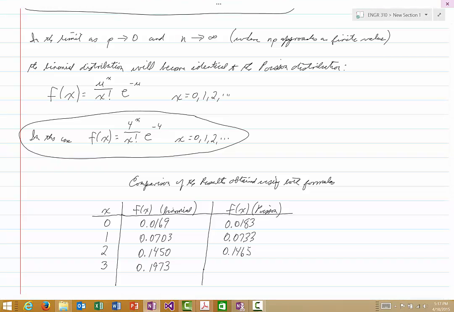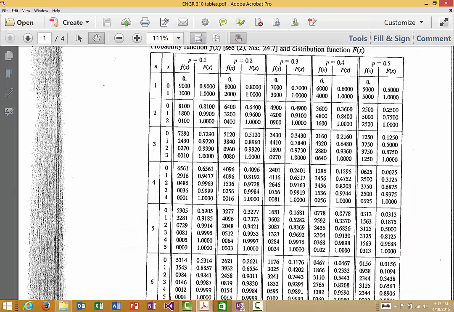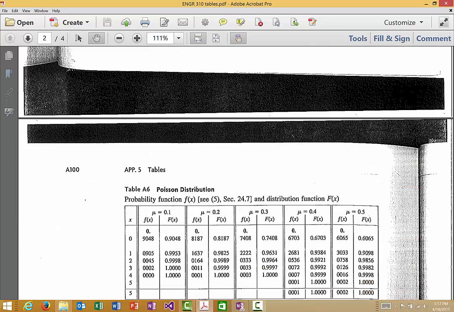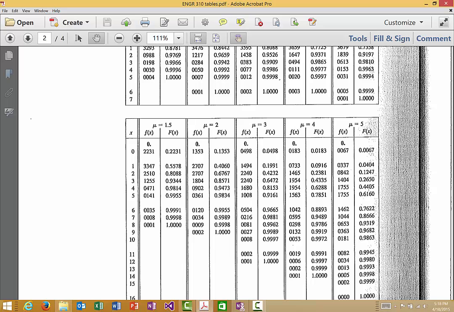and then finally, going back down to the Poisson, I accidentally closed that. Okay, so here we are at mu equals 4 again, and the next one is 0.1954.